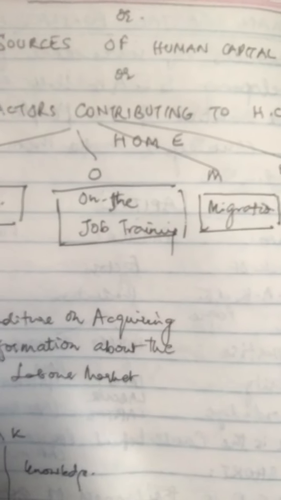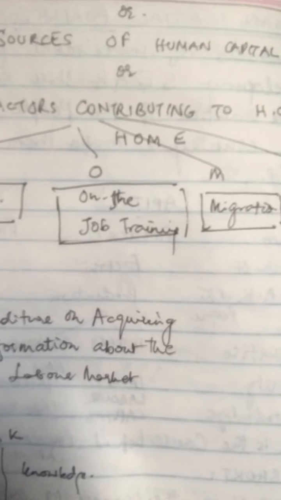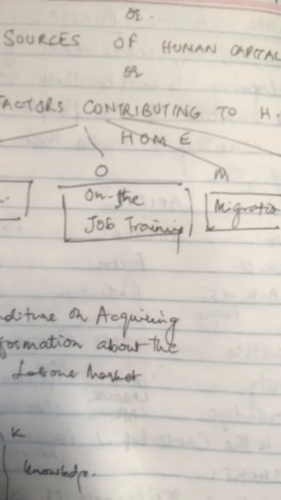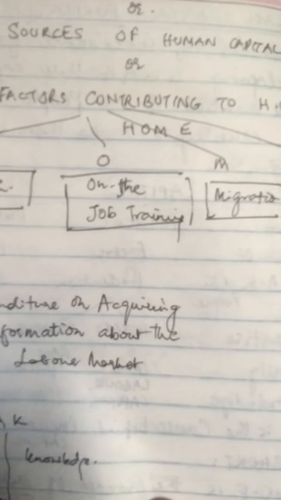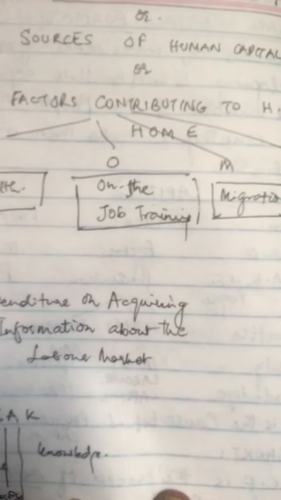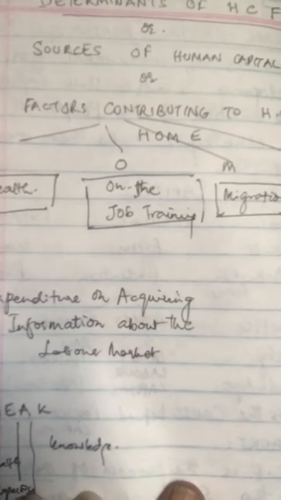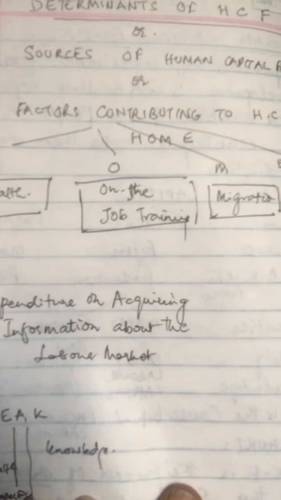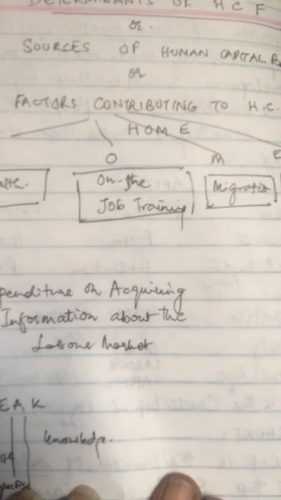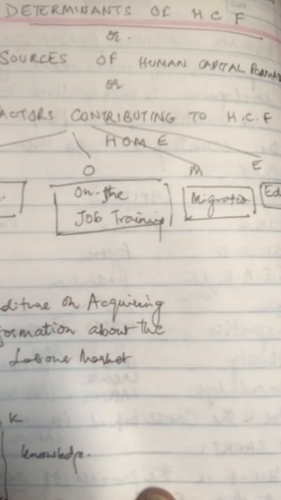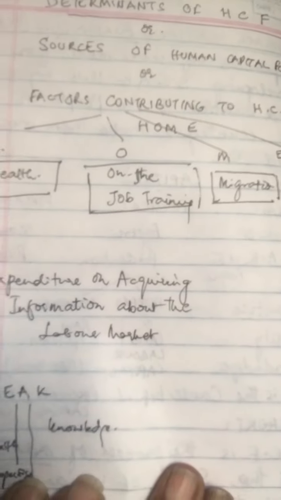They want to know about various educational institutions. Then they want to know about their costs. So this information is necessary to make decisions regarding investment in human capital, as well as for efficient utilization of the acquired human capital stock. So this is also an important source of human capital formation, information.